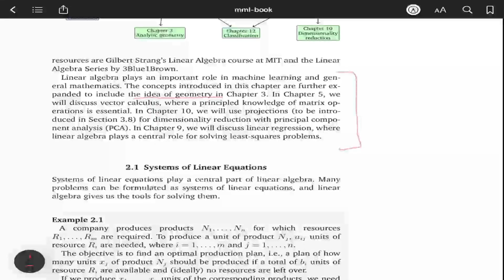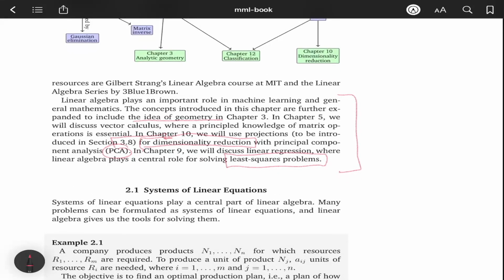Okay, so I think dimensionality reduction is quite important. It was one of those pillars. With principal component analysis. Okay, I think this PCA is a part of dimensionality reduction. In chapter 9, we will discuss linear regression, where linear algebra plays a central role for solving least squares problems. Okay, and I think least squares problems is some kind of optimization tool.